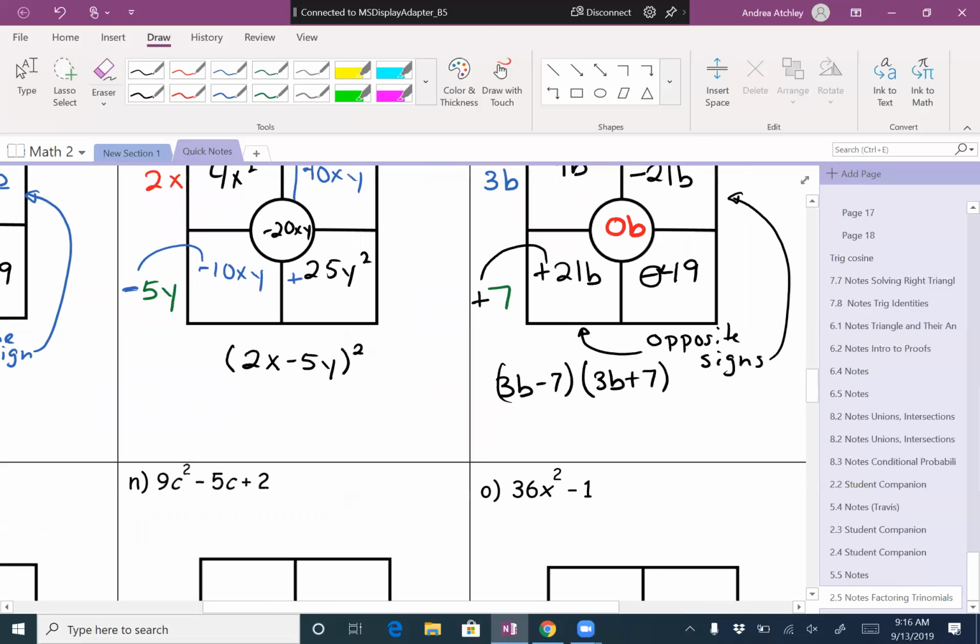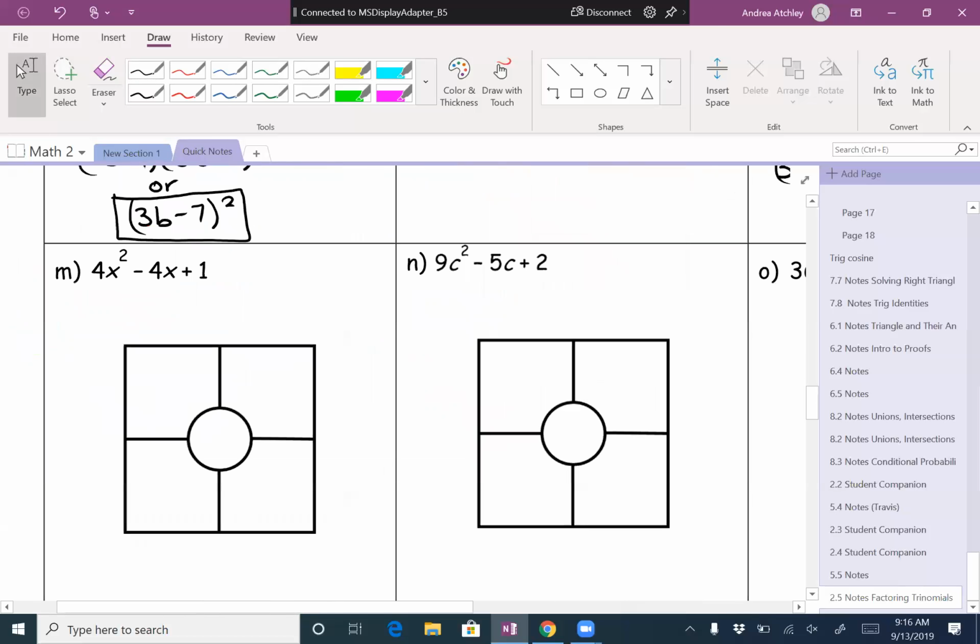Okay, I want you guys to do M and N right now. Who thinks they got M correct? What'd you get? 2x minus 1 parentheses squared.